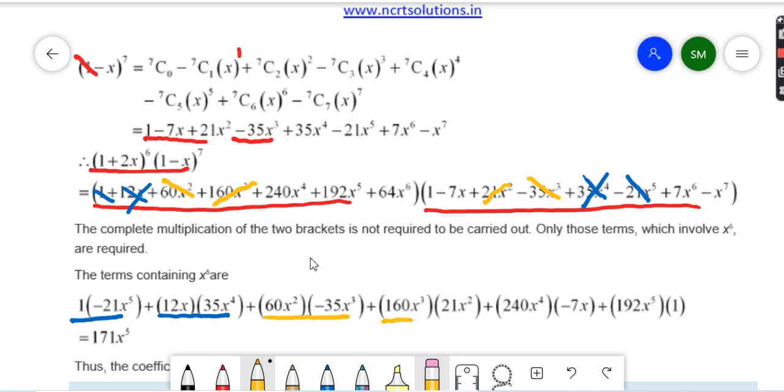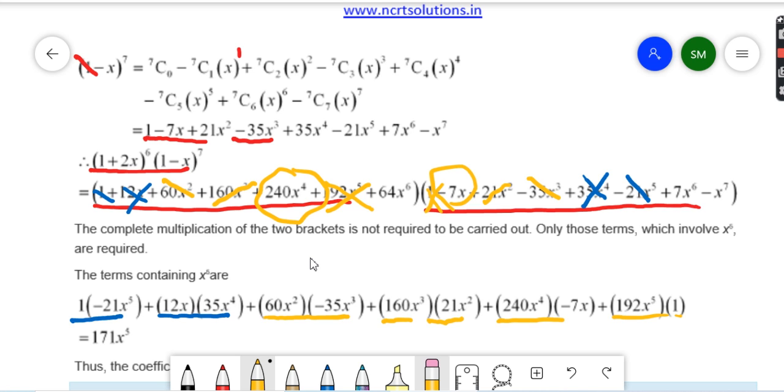So 160x cube, because finally I want x raised to 5, then 192x raised to 4 term, one term I missed, that is 4, then here it is 1 power, −7x. Alright, so this is a power of x raised to 5.